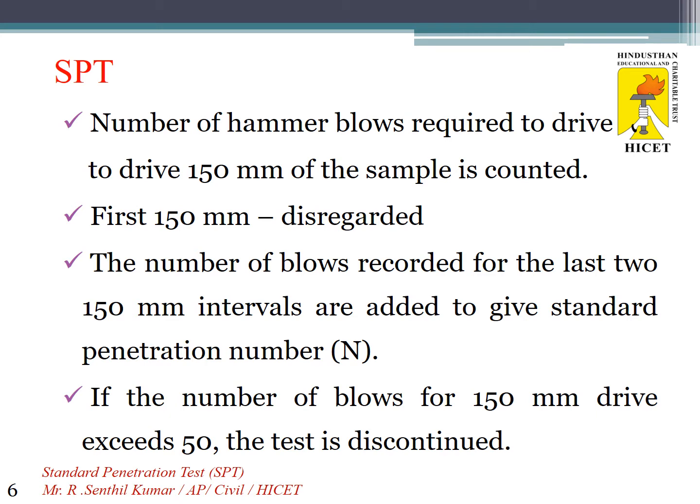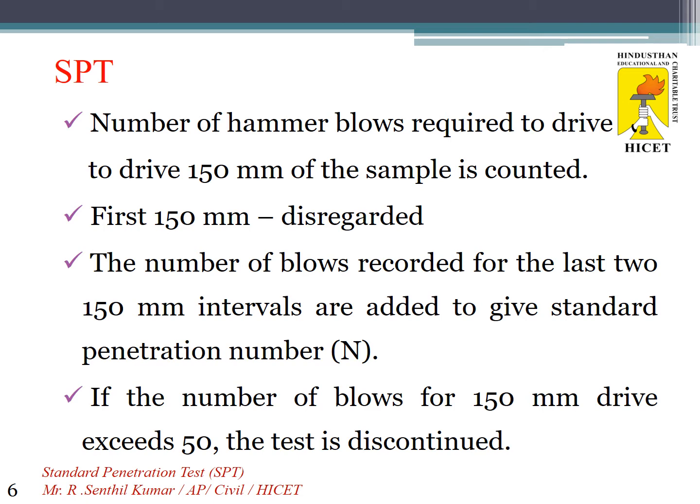The split spoon sampler's total length is 450 mm, which is split into three parts, each 150 mm. The number of blows for the first 150 mm penetration is disregarded and not taken into account. The number of blows recorded for the last two 150 mm intervals are added, that is 150 plus 150, 300 mm penetration, and that is recorded. From that value, you get the standard penetration number, capital N.